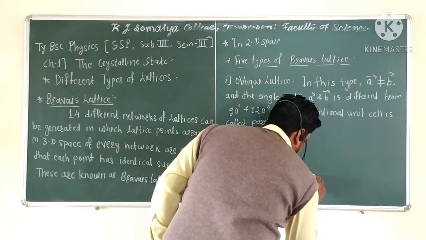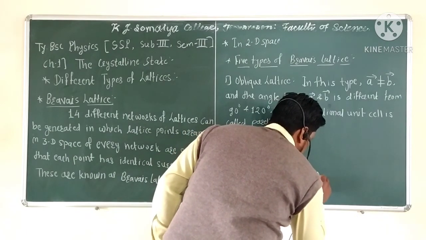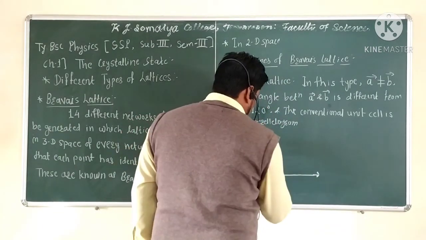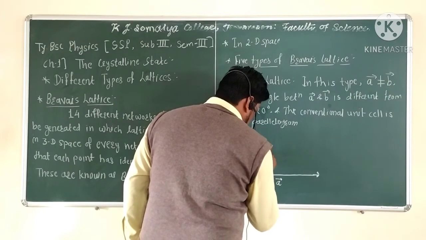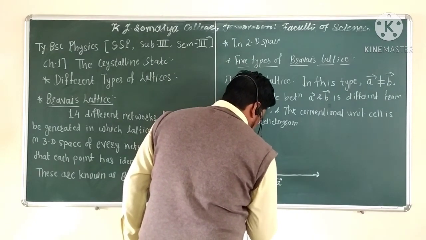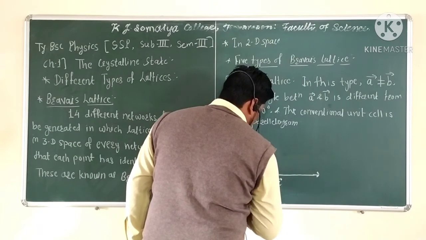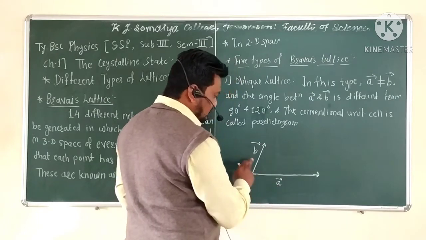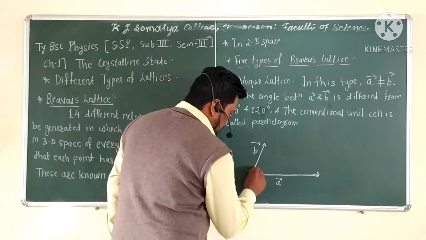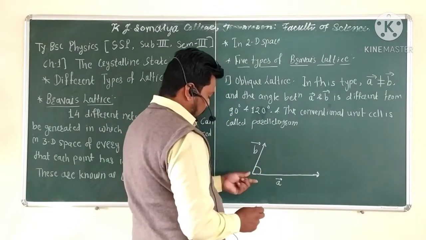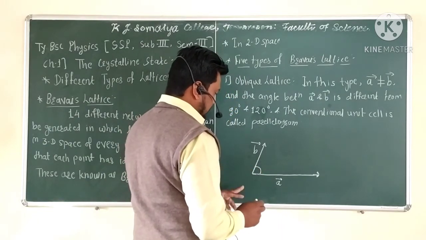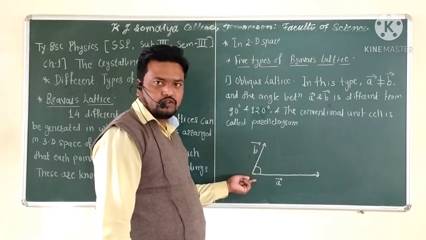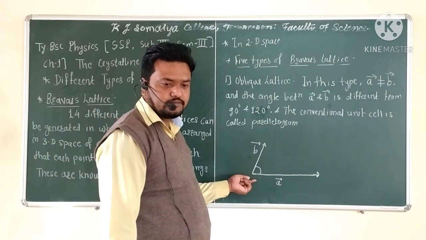For example, this is vector A, and this second vector is vector B. The angle made between these two vectors is different from 90 degrees and 120 degrees.